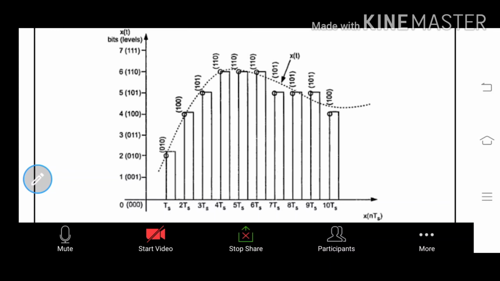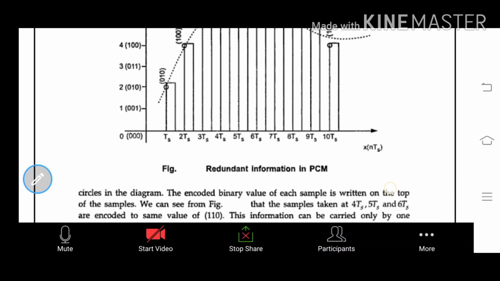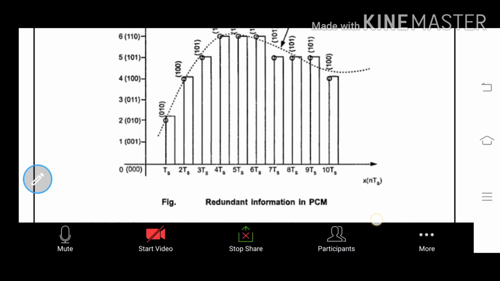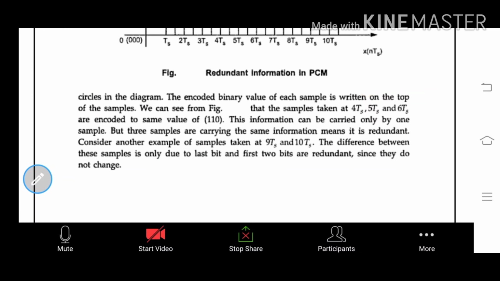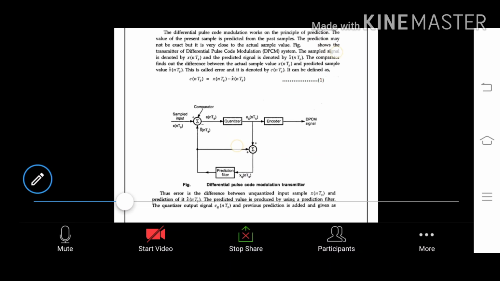Here the bit information is such that the samples taken at 4Ts, 5Ts and 6Ts are encoded with the same values, for example 110. You only need the time duration of the pulse, and that bit information is simply the difference between the same samples.